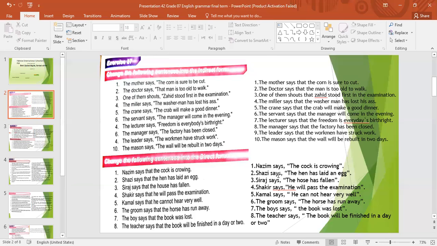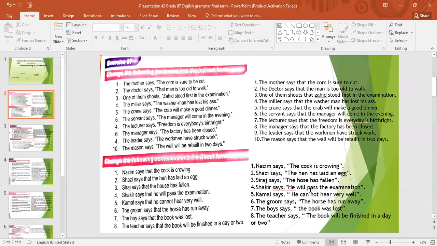The direct speech is: Shazi says, "The hen has laid an egg." Number three, indirect: Siraj says that the house has fallen. So, dear students, in direct speech: Siraj says, "The house has fallen."